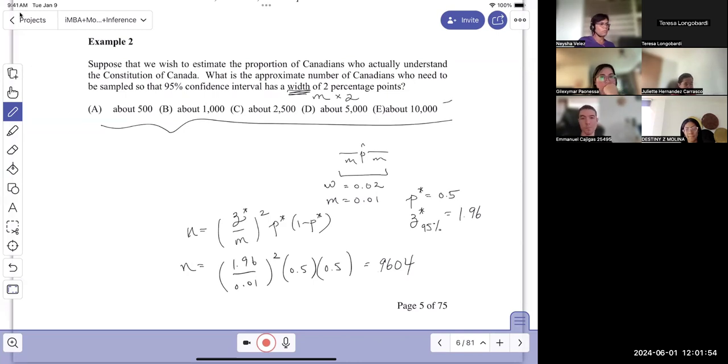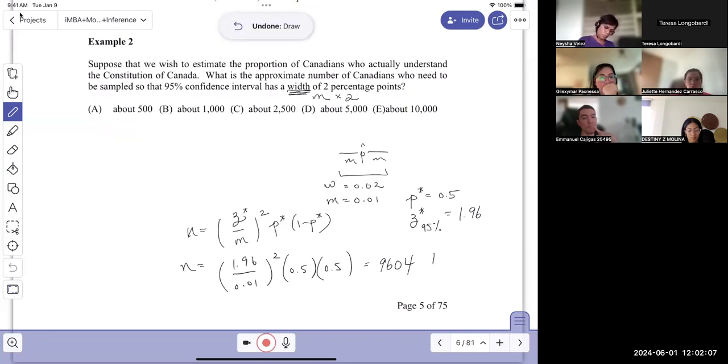Right, so E is your answer for this problem. Okay, E is your answer.